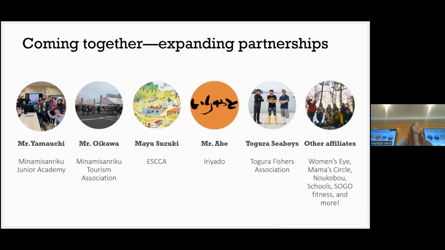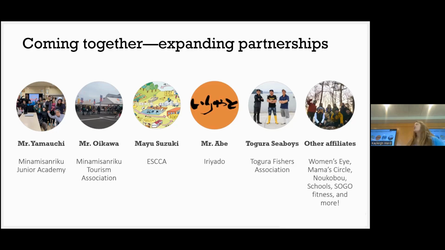He was the previous principal of the Shizugawa High School, and he was our contact for the Board of Education and working with schools in the area. Mr. Oikawa was the head of the Tourism Association, and this was really important because he would fight for us to get funding, because a lot of the redevelopment funds went into tourism associations and not the local government. So there was that issue we were trying to get around.